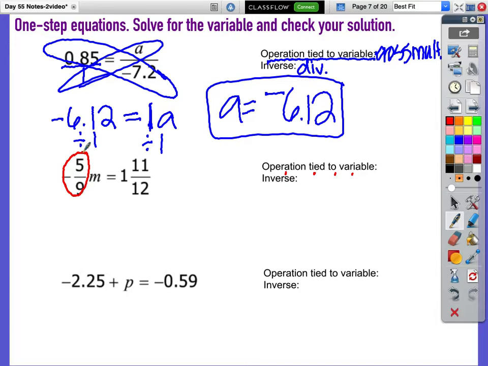Do not say subtraction. That is a negative 5/9 that is stuck onto the m through multiplication because this negative 5/9, remember, is just your coefficient. And coefficients stick onto that variable by way of multiplication. So we know that multiplication is going on, so the inverse is division.